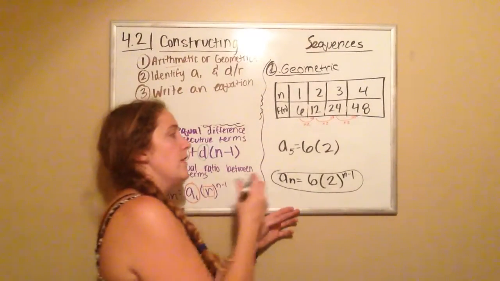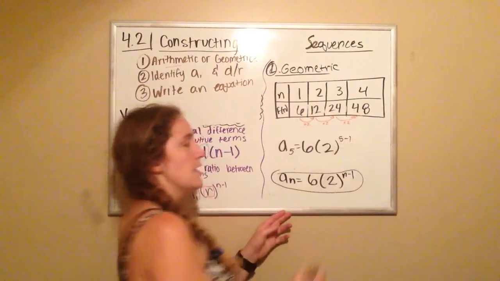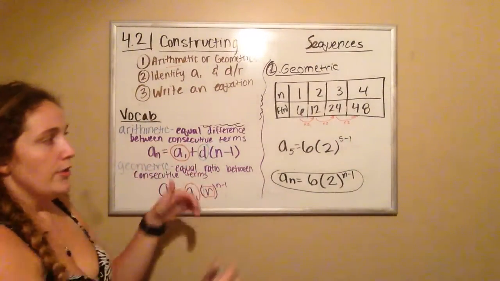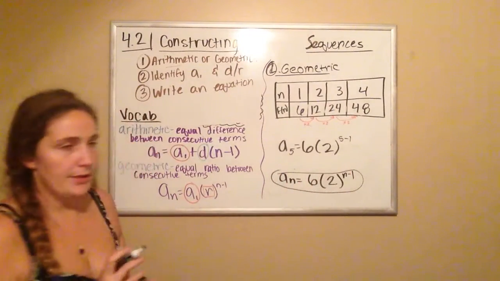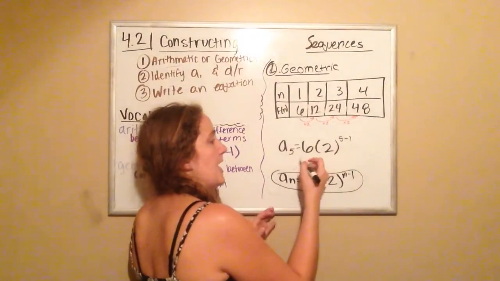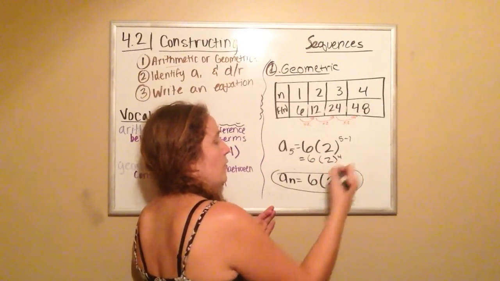So the 5th term means that we plug a 5 in for n. Okay? And then we think about PEMDAS. PEMDAS is parentheses first. There's nothing we can simplify in the parentheses, so we can't do anything there. Exponents next. So we look up here in the exponents and we think, okay, we can simplify that. So we simplify that to 4.